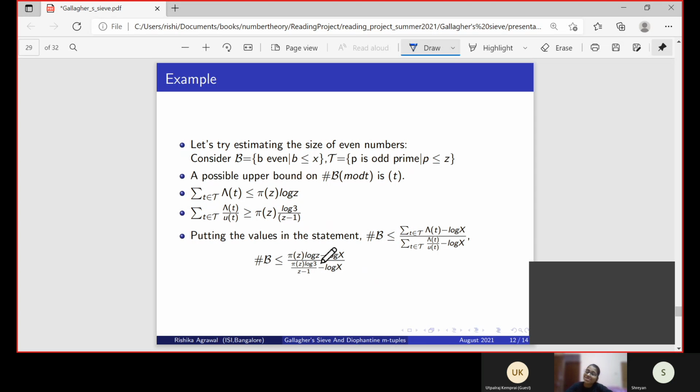Putting these values into our statement, that is, size of B is less than or equal to summation of lambda t minus log x over summation of lambda t over u t minus log x, we'll replace this by pi z log z and this by pi z log 3 over z minus 1.